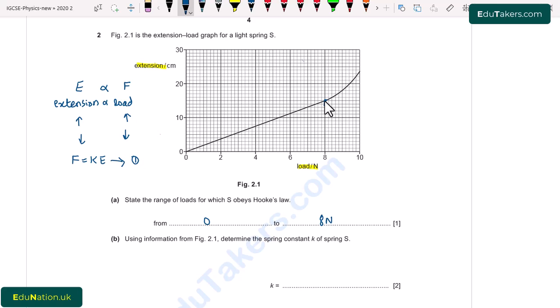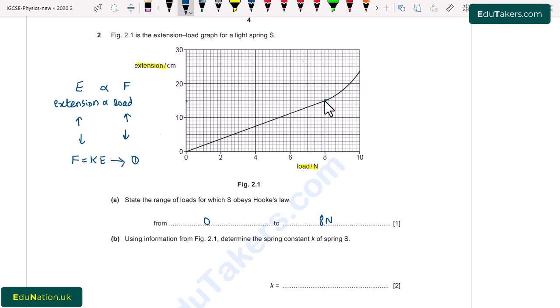So we take the values at which the relation between extension and load is straight. So for load it is 8 newtons, while its corresponding extension value you can read from here, and it is at 15. So extension will be 15 centimeters.